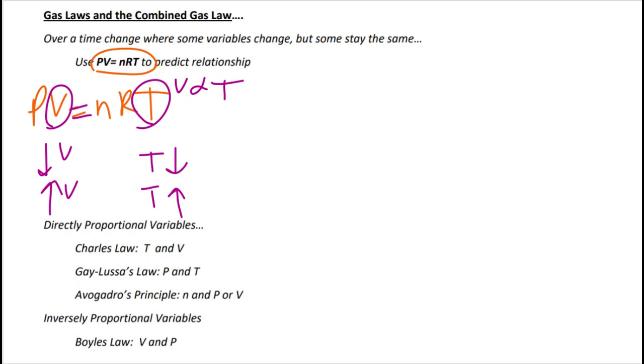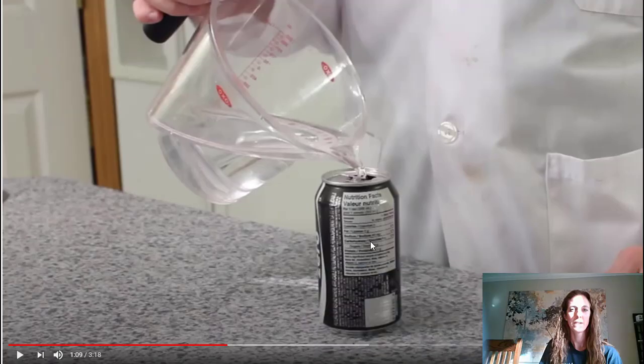Now, if I had to take a guess, how do you think that pressure is related to temperature? Well, again, they're on opposite sides of the equal sign. So let's just take a gander and let's see, is pressure directly related to temperature? All right, for this next experiment, we're looking at pressure and temperature. So we're looking at this pop can.